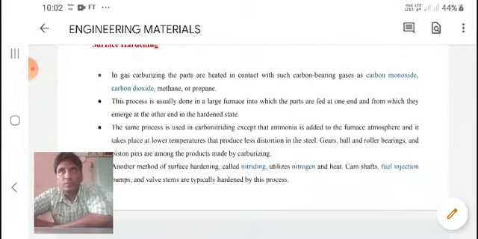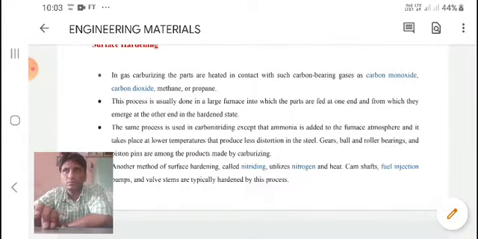So gas vaporizing process is a surface chemistry process which improves wear and fatigue resistance.